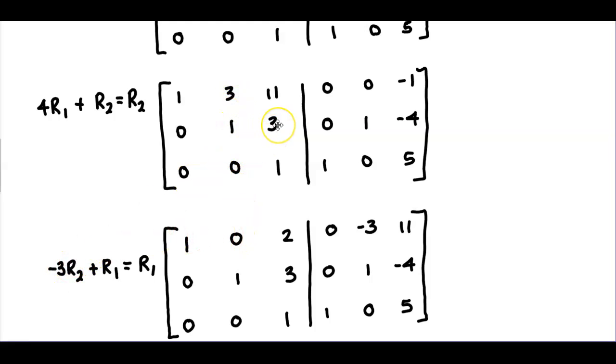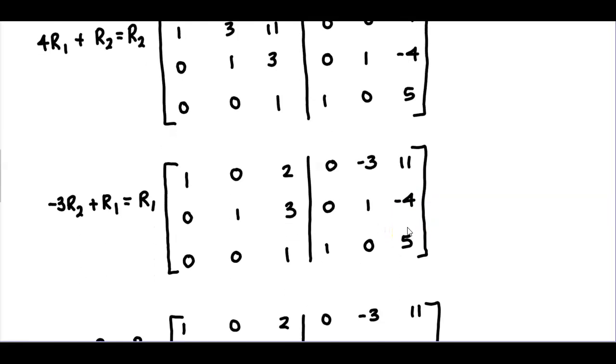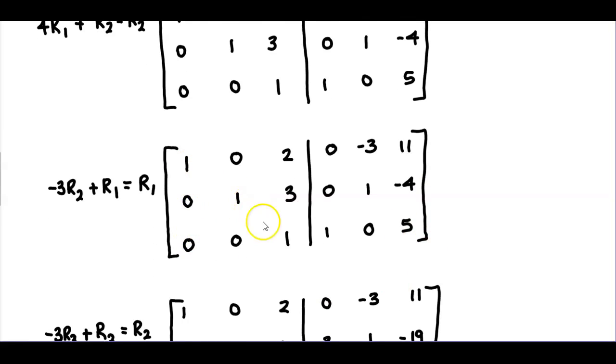Negative 3 times negative 3 is negative 9, plus 11 is 2. Negative 3 times 0 is 0, plus 0 gives you 0. Negative 3 times positive 1 is negative 3, plus 0 is negative 3. Negative 3 times negative 4 is positive 12. 12 minus 1 gives you positive 11. So now we have a diagonal of 1s, still zeros here. We have a 0 here.